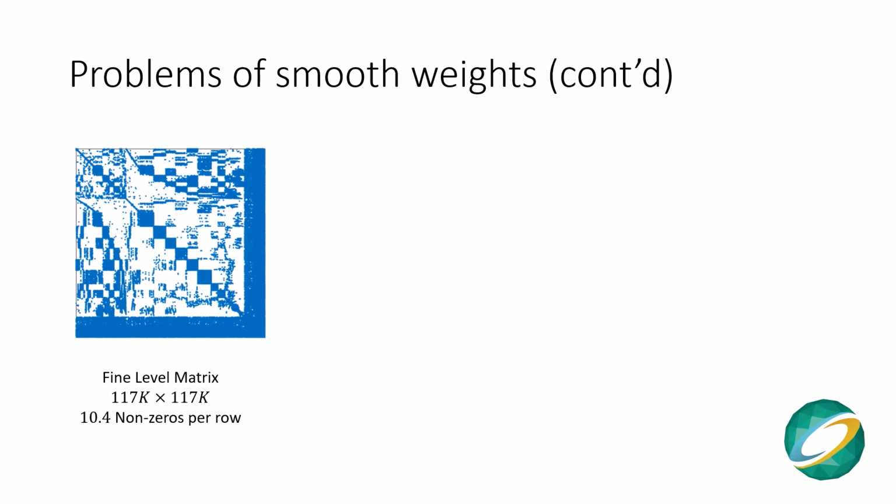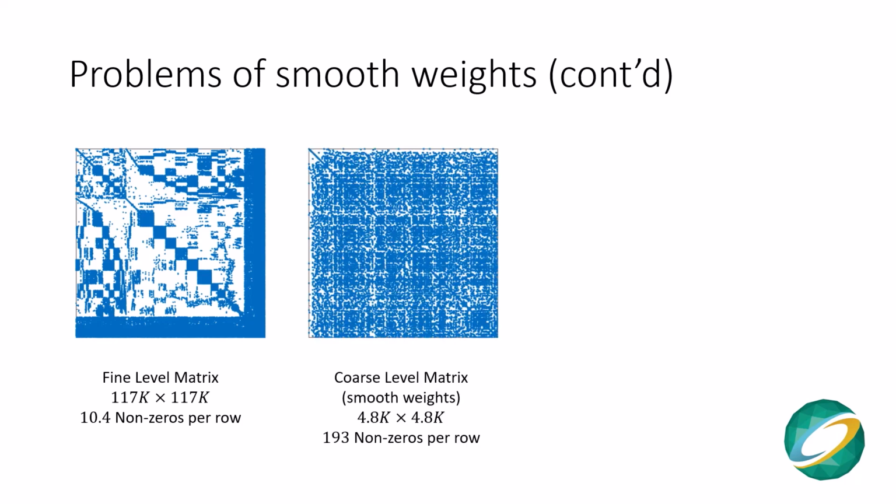We can see this problem more clearly in an actual matrix with 117K rows and columns and 10.4 non-zeros per row on average. This is the fine level matrix. When interpolated using smooth weights, the coarse level matrix, which has only 4.k rows and columns, will have, on average, 193 non-zeros per row.